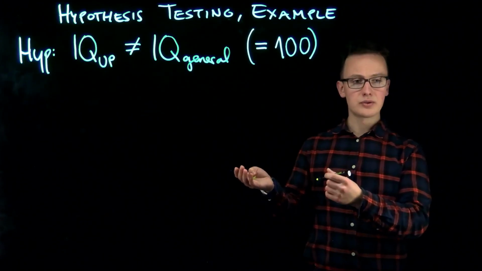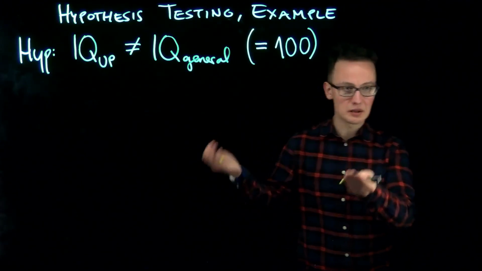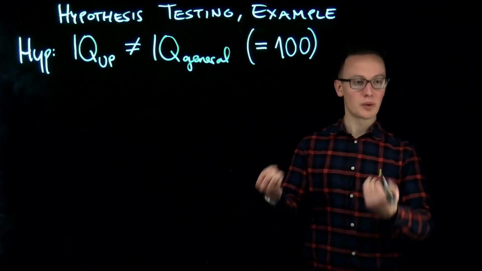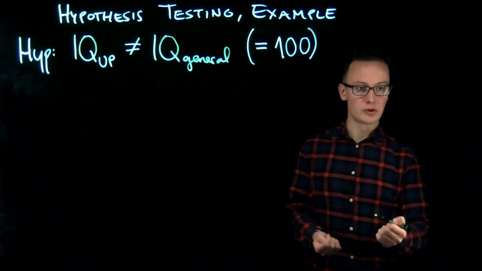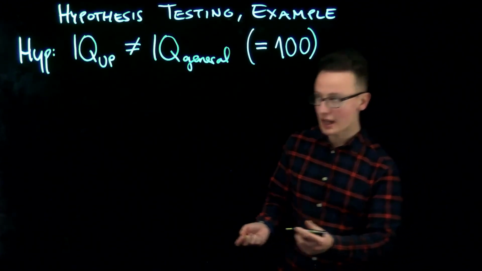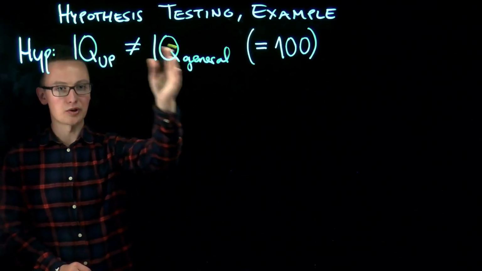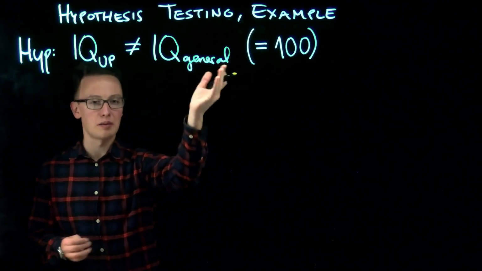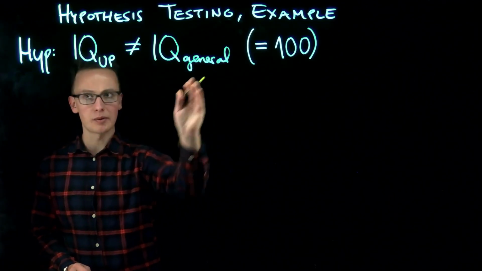So now, in order to test this hypothesis that we might have, like intuitively or just because we want to test it for the heck of it, what we have to do as a researcher now is to first construct the so-called null hypothesis. So the null hypothesis is actually kind of the opposite of what we want to show. So what we want to maybe show in the end is this, that maybe there's a difference between the IQ of Uni Potsdam students and the general population.